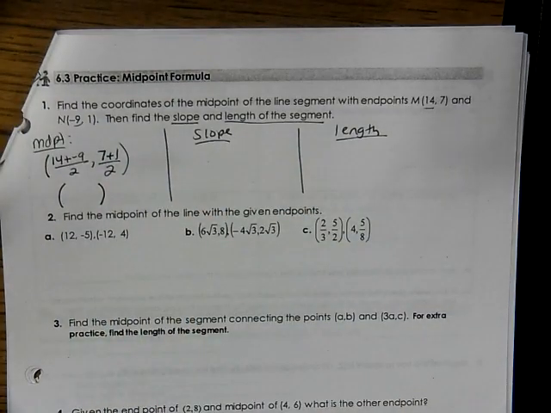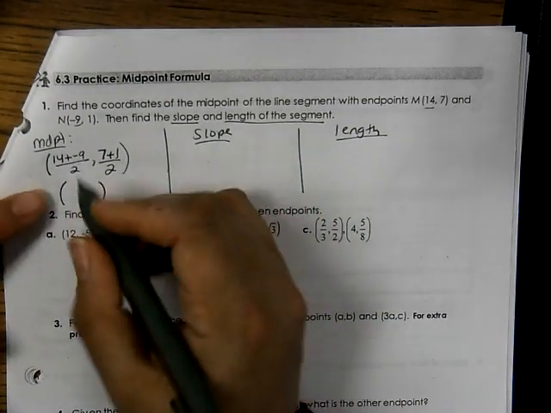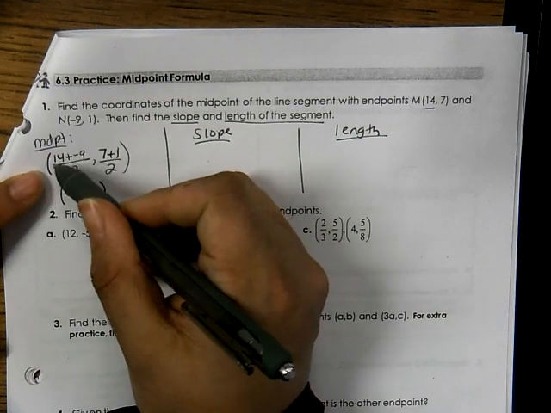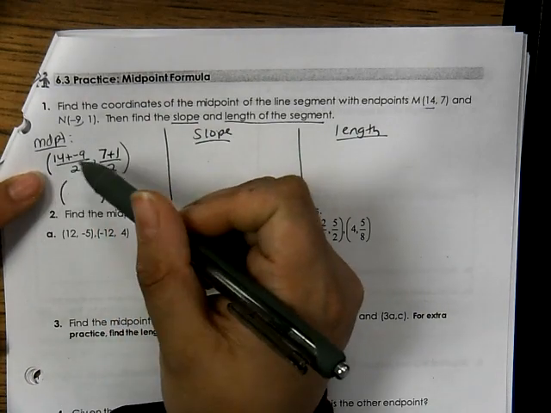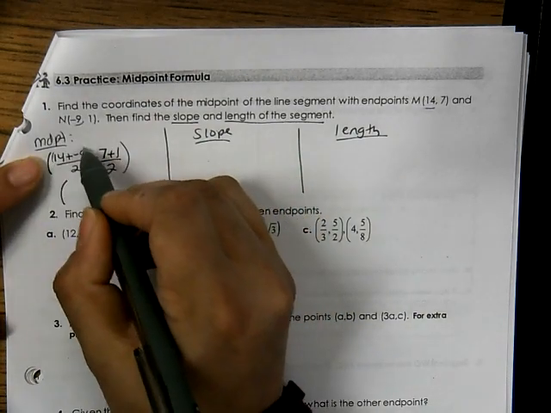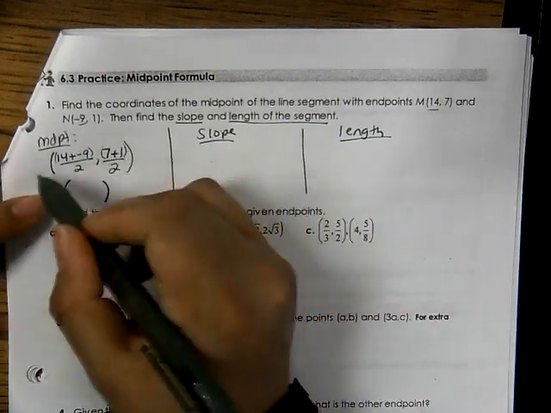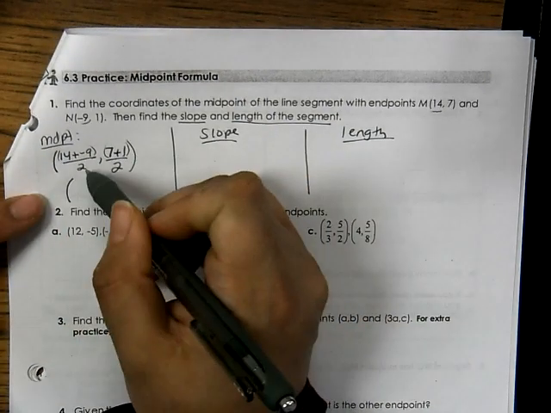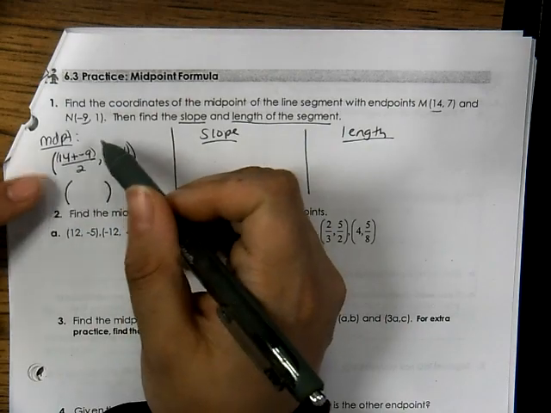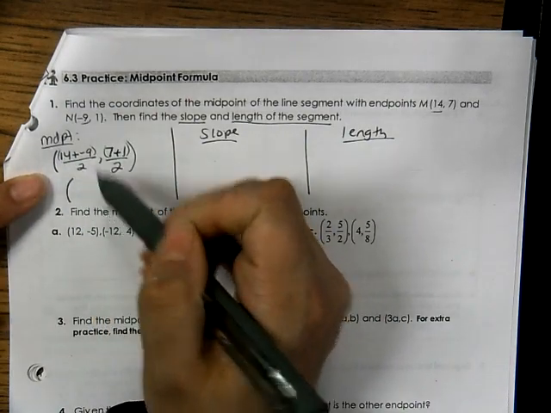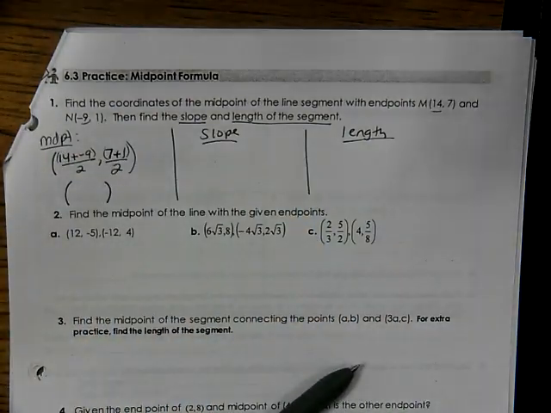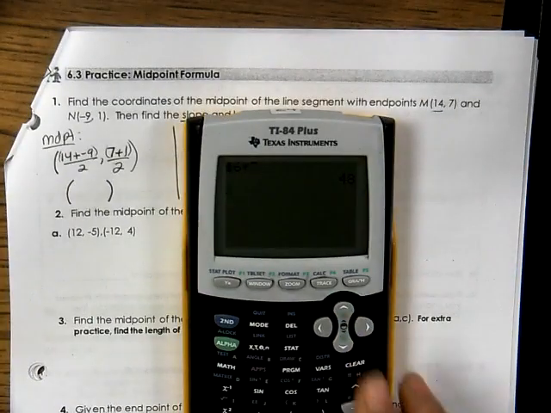If it's a fraction, it's better to leave it as a fraction, but you can write a decimal also. If you're going to use your calculator for this, make sure you either use parentheses around the numerator or just do that arithmetic first in your head and then divide by 2, because it's going to give you the wrong answer if you just type it all in like you see it. If you don't believe me, here is how you can do it on a calculator just to show you.